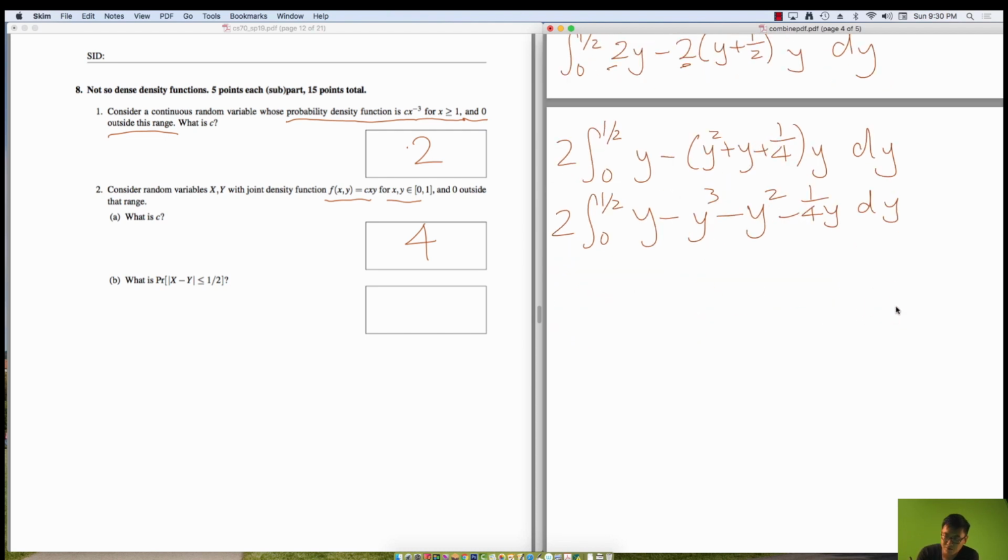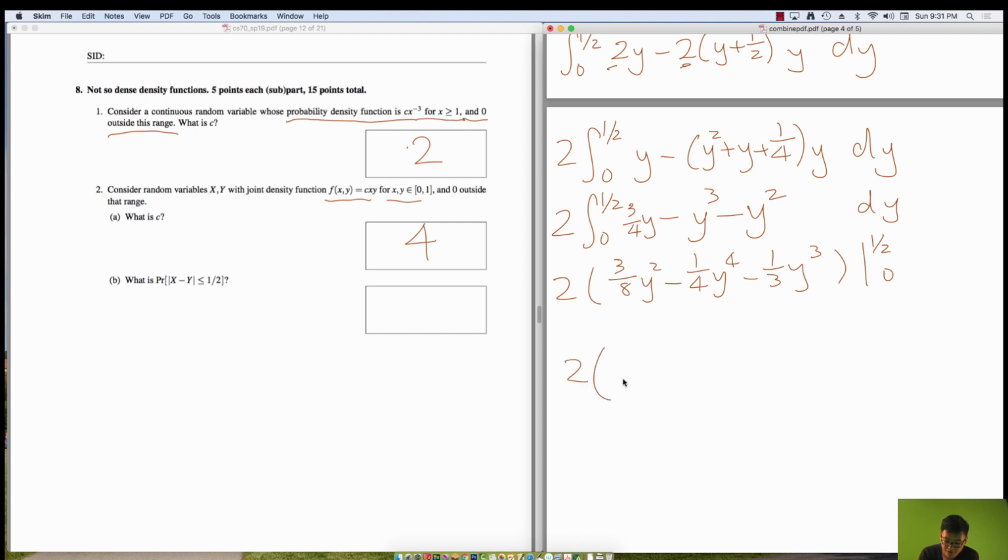So now I'm just going to take an extra simplifying step, and I'm going to merge these two to be 3/4 y. And now I'm just going to take the antiderivative. So 3/4 y is just 3/8 y squared minus 1/4 y to the fourth minus 1/3 y cubed, and evaluate this at a half and 0.